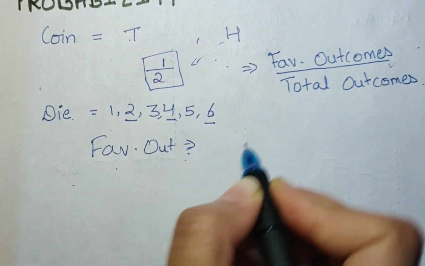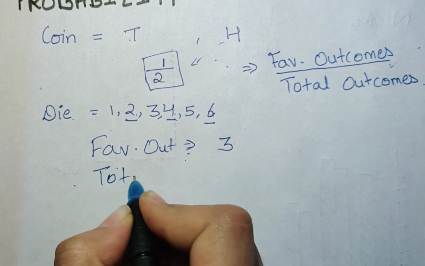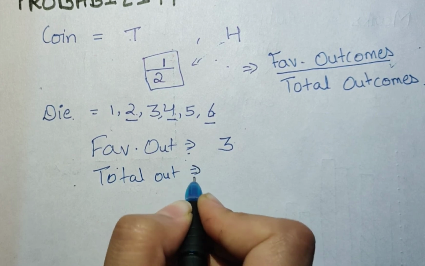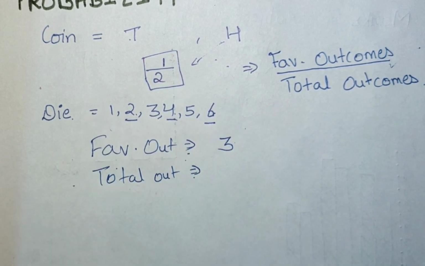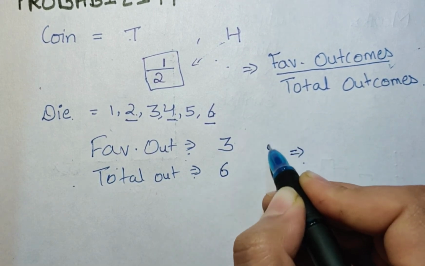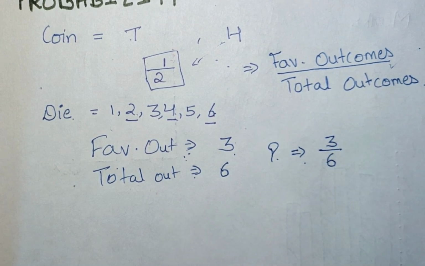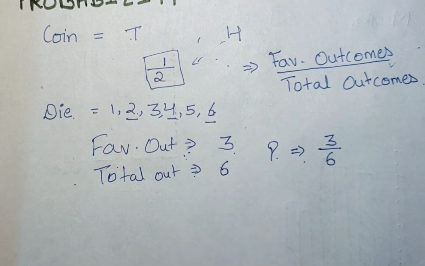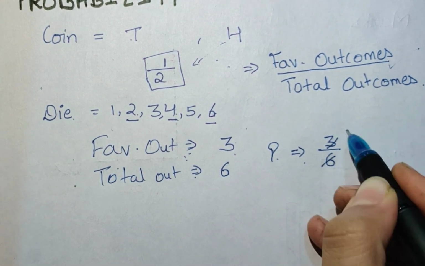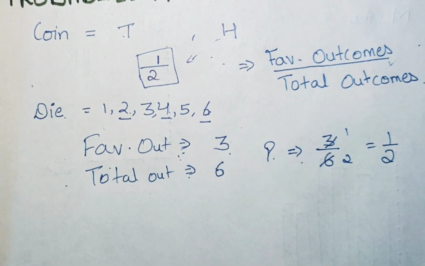So favorable outcomes are 3, 1, 2, 3, and total outcomes, any one number among these 6 numbers can come. So total outcomes are 6, and according to your formula, probability is favorable outcome upon total outcomes. So 3 upon 6 is the probability of coming of an even number. We can reduce it. 3 ones are 3, 3 twos are 6, so 1 upon 2. So this is how we find out the probability of different outcomes.